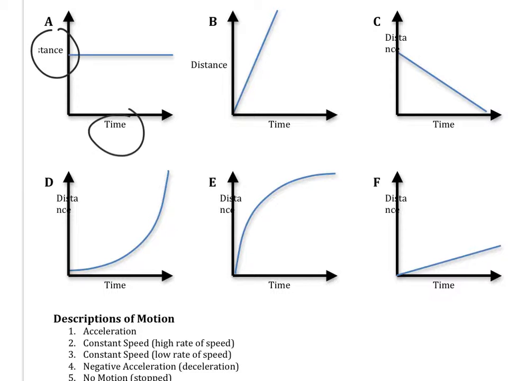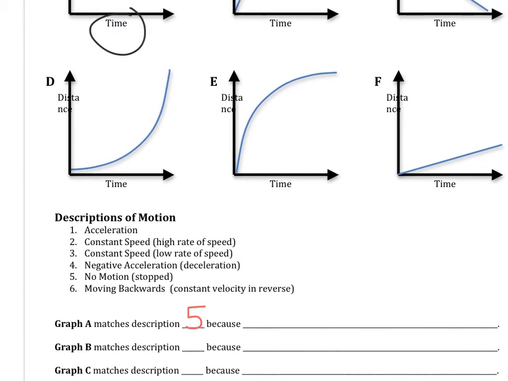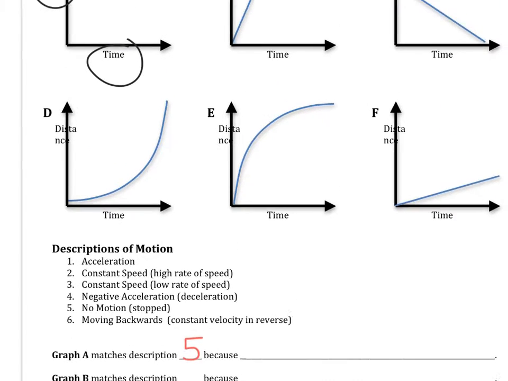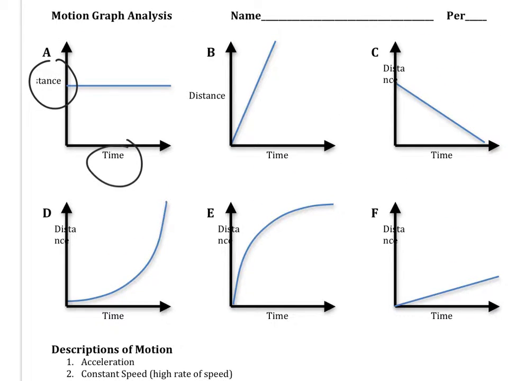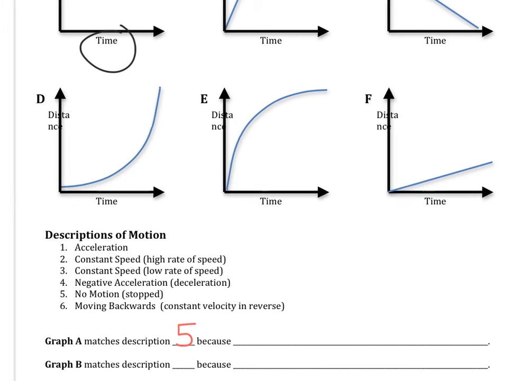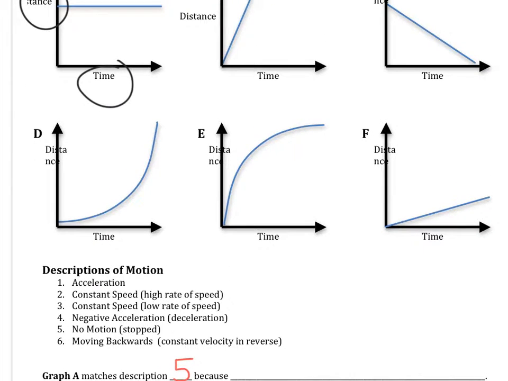Graph B. If we look at the descriptions here, it's a straight line, so we know that the speed is constant. So we definitely know that it's number 2 or 3. It could be number 6, but since it's a positive slope, we know it's definitely 2 or 3.